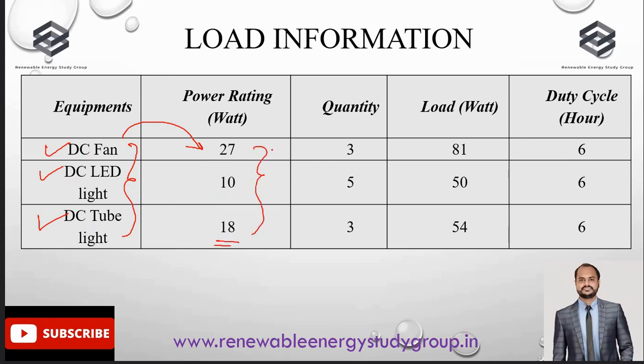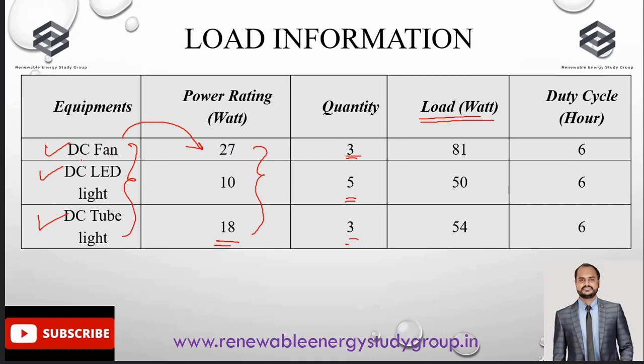Then we must know how much quantity of that particular equipment is available. Like the DC fan in 3 quantities, DC LED light in 5 quantities, and DC tube light in 3 quantities. Once we have taken this, we can calculate the total watt consumption for this equipment.